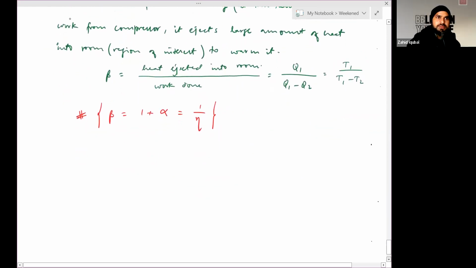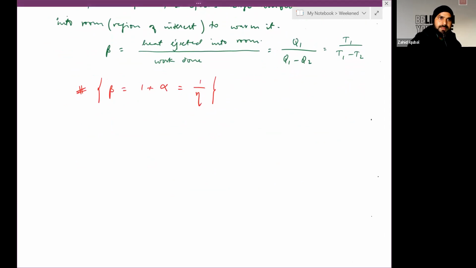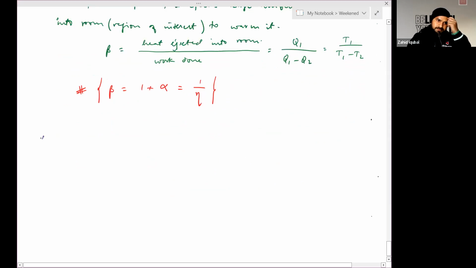Let me define you those two statements related to this law as well. Kelvin process.